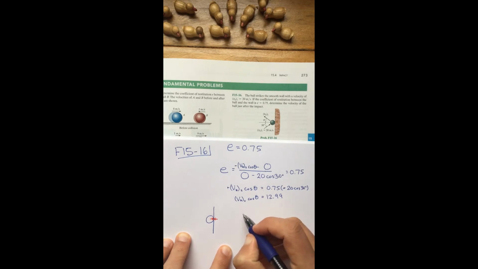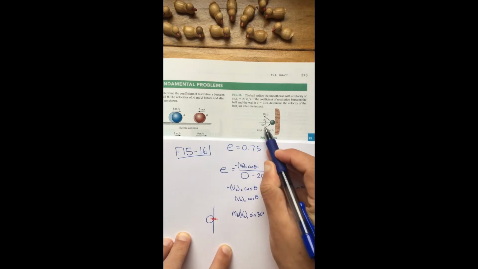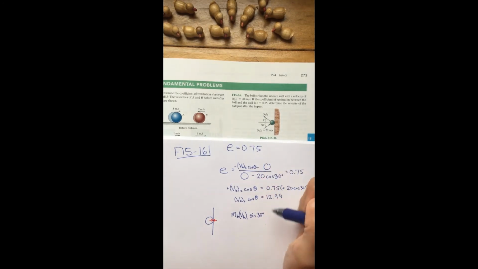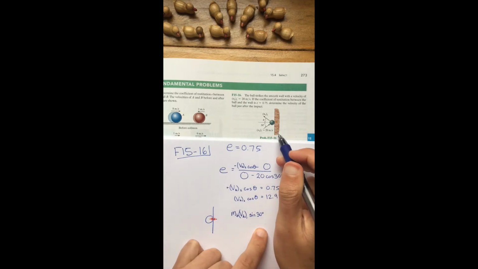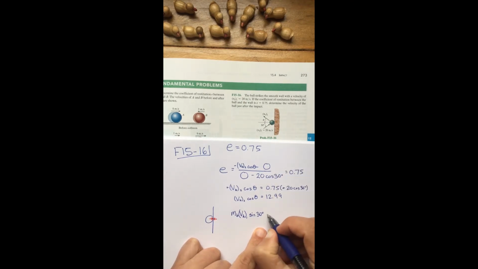So we can say the mass of the ball times the velocity of the ball before the collision in the y direction, so that would be the mass times the velocity times sine of 30 degrees, so that's this component of the velocity. The wall's not going anywhere, so its momentum is equal to 0.